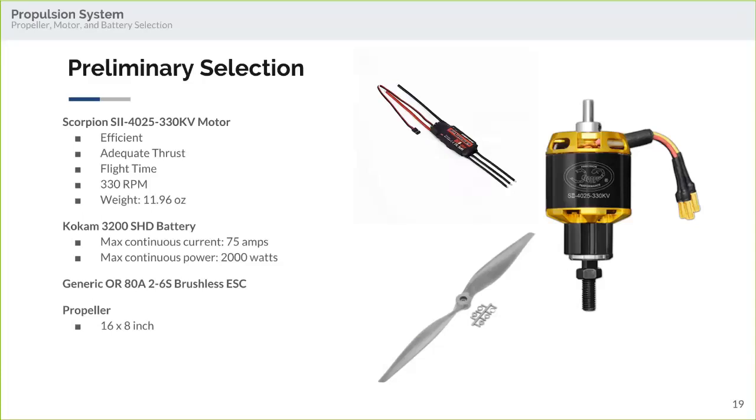Nothing super special about it, but it doesn't have all these different gadgets on it. It'll get the job done. And for the prop, we went with a 16 by 8 inch prop, the most efficient as far as being paired with this motor, and it gives us thrust to get our drone into the air.